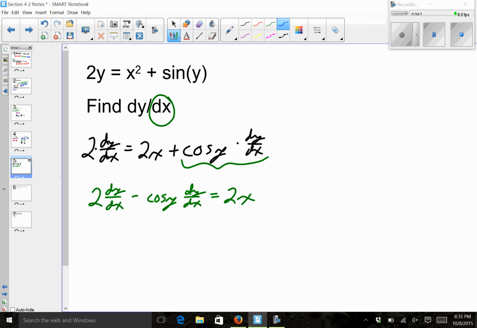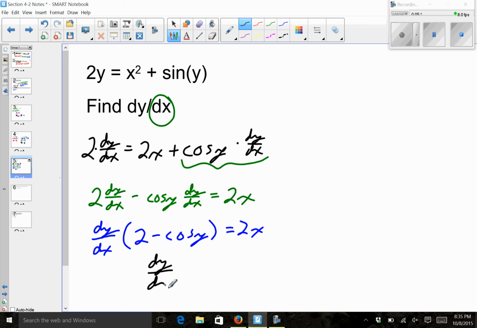I can then factor out a dy/dx by using the distributive property. So dy/dx times 2 minus cosine y equals 2x. And then divide both sides by 2 minus cosine y, and I get dy/dx equals 2x over 2 minus cosine y.